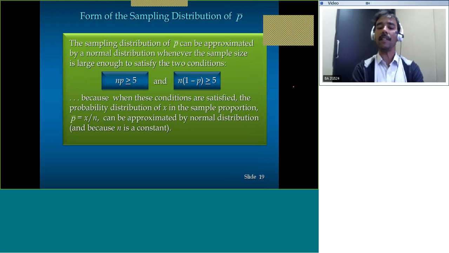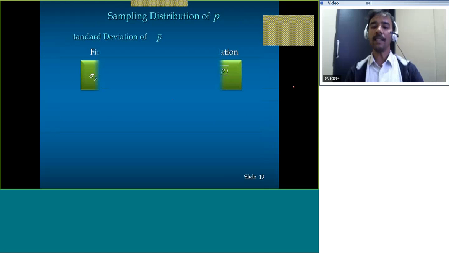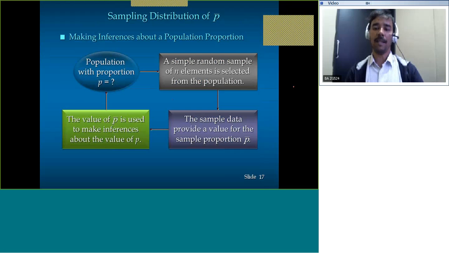If n into P is greater than or equal to 5 and n into (1 minus P) is greater than or equal to 5, then we can approximate the sampling distribution of P bar by normal distribution. Anyhow, I'll revise these two distributions one more time.